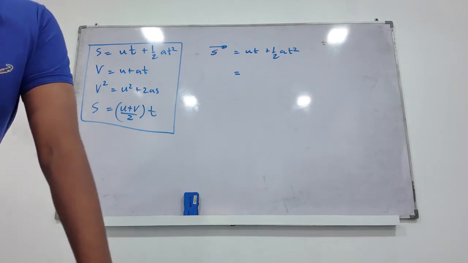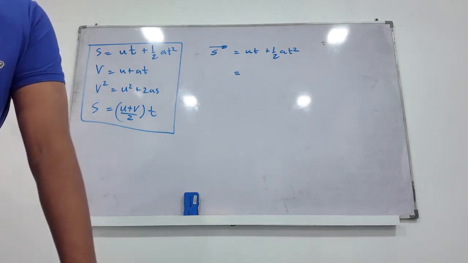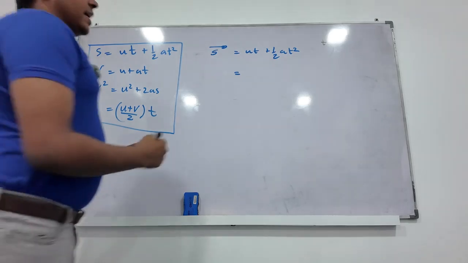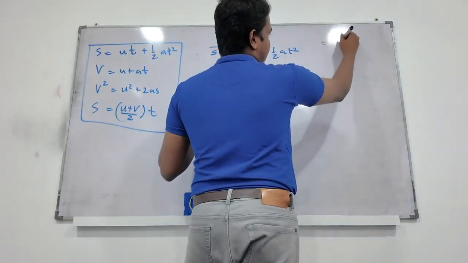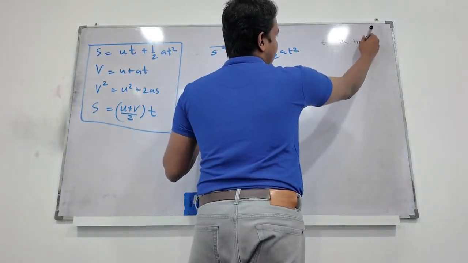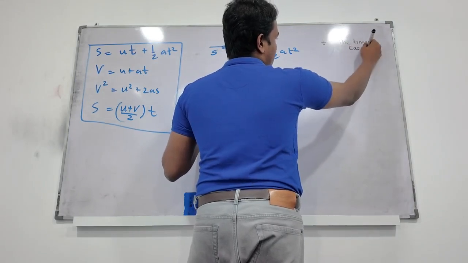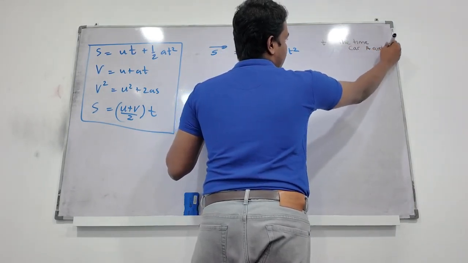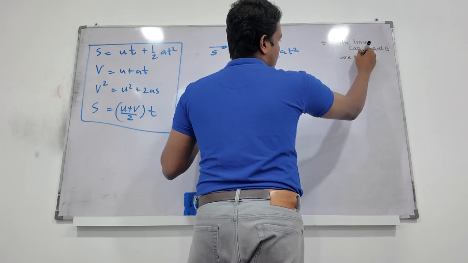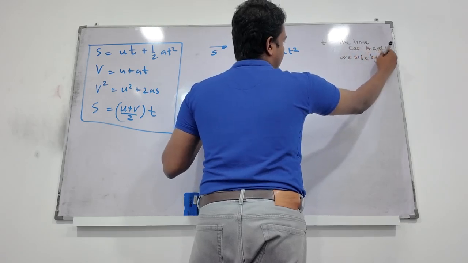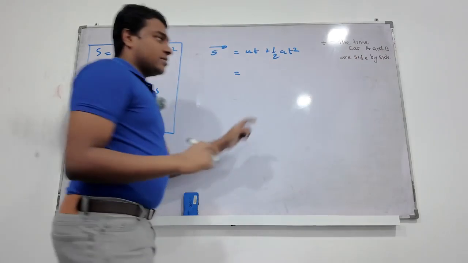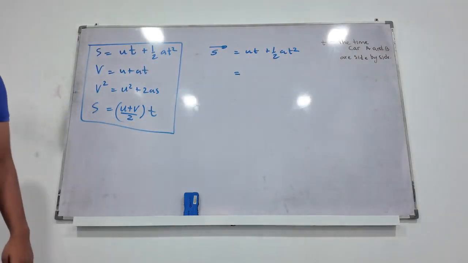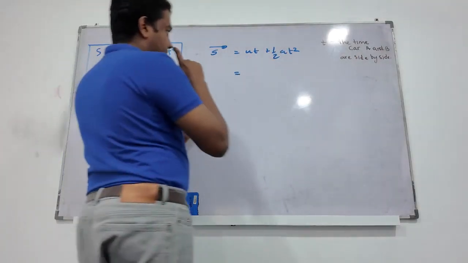Show that car A and B are side by side after 1.1 seconds. So t means the time car A and B are side by side. Take it like that. Without this assumption, you can't get the answer here.